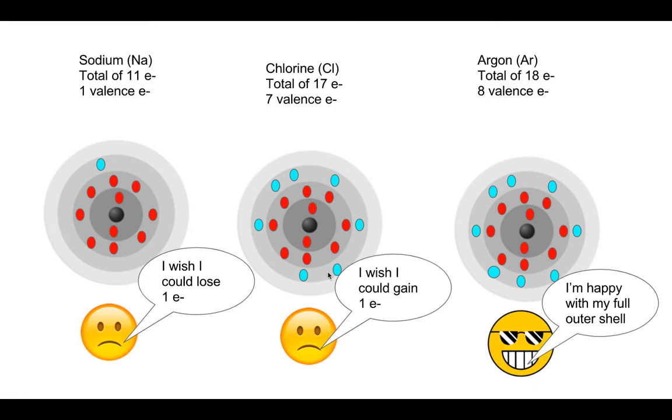Chlorine is sad because it wishes it could gain 1 electron so its energy level 3 would be full. Argon is a winner. Argon is happy because its outer shell, energy level 3, is full with 8 electrons.